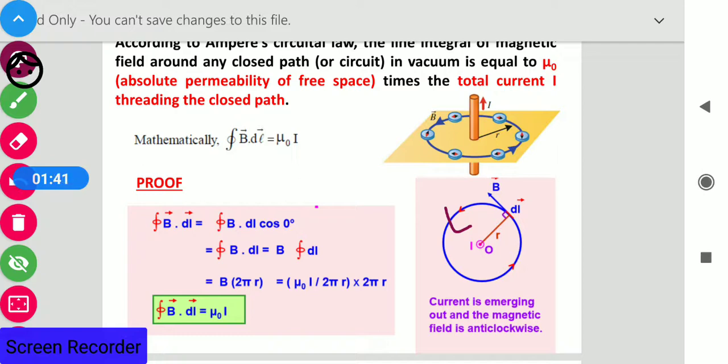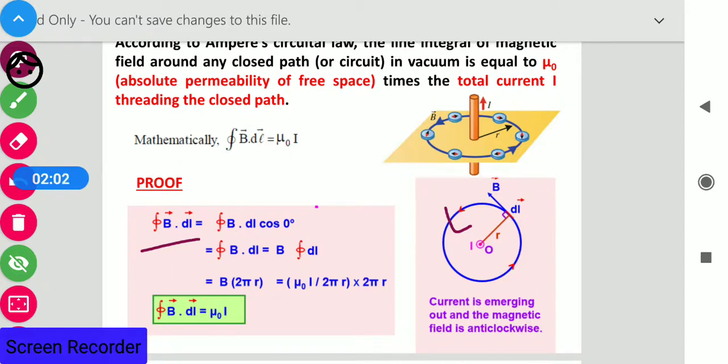The line integral is B dot dl. It is a dot product. Dot product means A dot B is equal to AB cos theta, where theta is the angle between A and B. So here, we consider the angle between the two vectors B and dl.